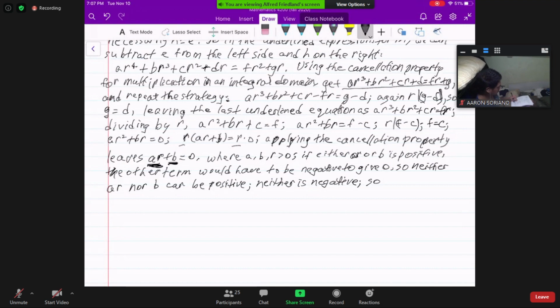B is not negative, A is not negative, R is strictly positive. So neither one can be positive because their sum is 0. Neither can be positive because the other can't be negative, so they both have to be 0.